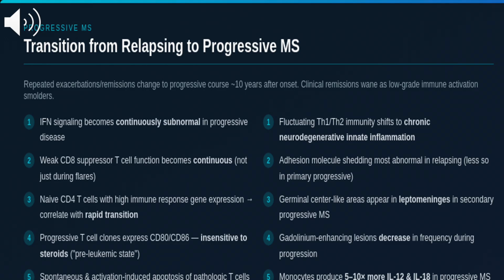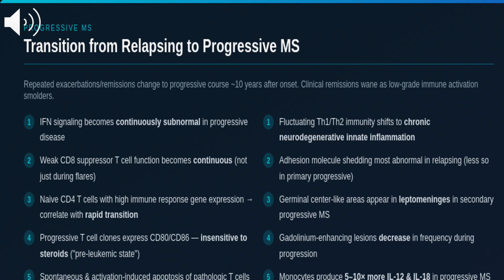Naive CD4 T cells that express high levels of activation markers, vitamin D receptor, and toll-like receptors 1, 2, 4, and 7 predict rapid transition from relapsing to progressive MS, suggesting that the phenotype of the T cell repertoire predicts the disease trajectory. Progressive T cell clones acquire antigen-presenting capacity through expression of CD80 and CD86 and become insensitive to steroids and TGF-beta, akin to a pre-leukemic state of autonomous immune activation.